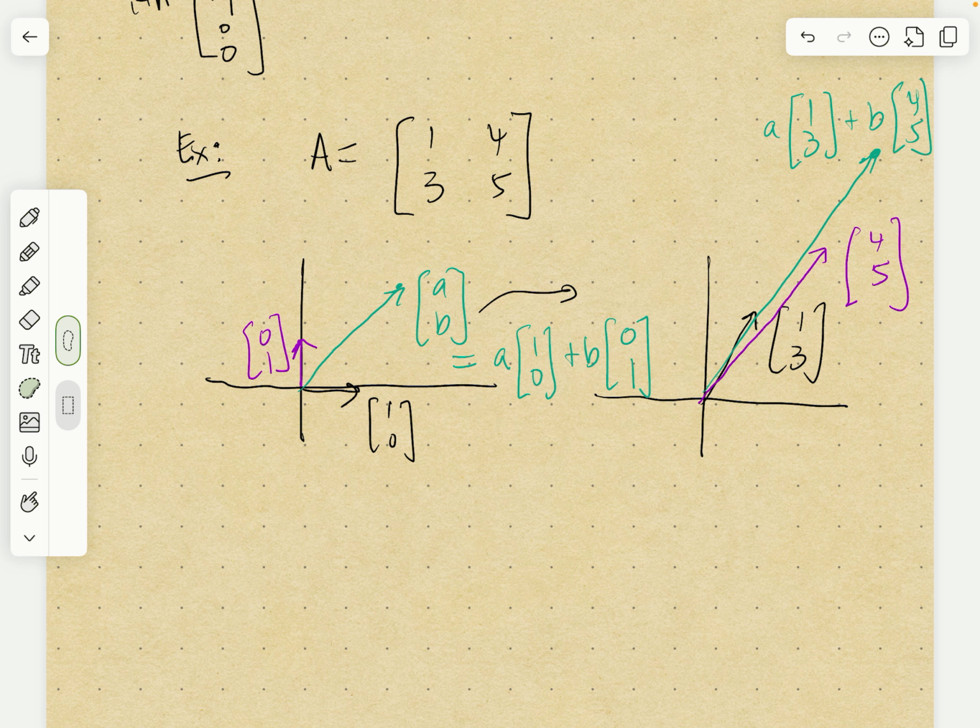So this is multiplication by the matrix A. I usually call this transformation T sub A. T sub A is this mapping from R2 to R2 that's given by the matrix A. All right, so those are some examples of linear transformations, and we'll take a look at more properties of linear transformations in the next video. Thanks.